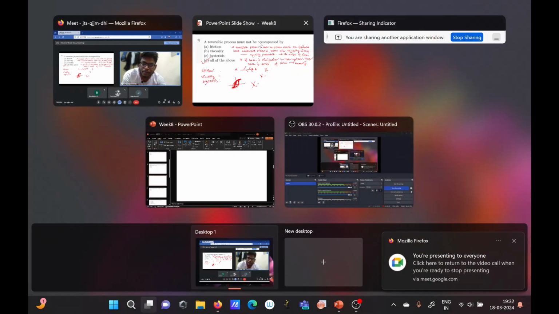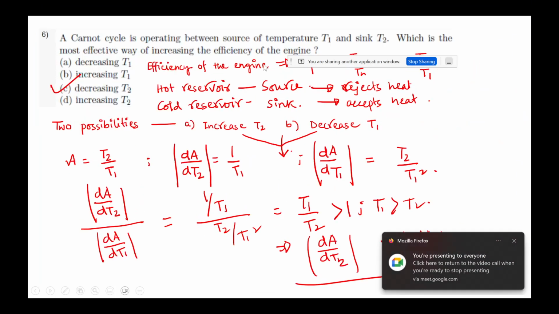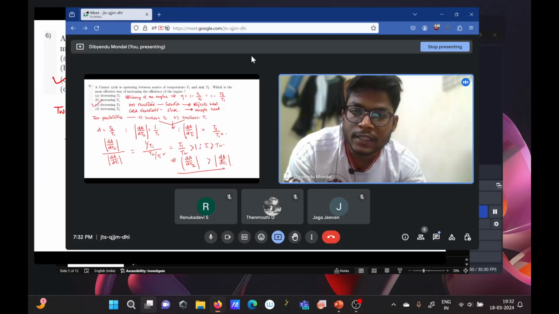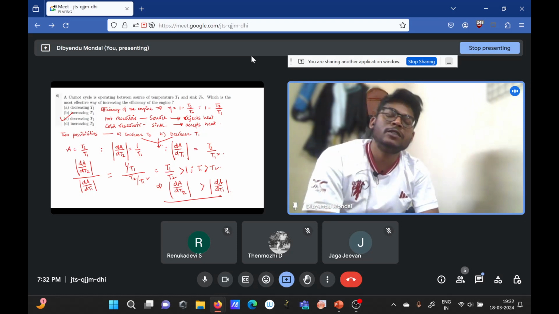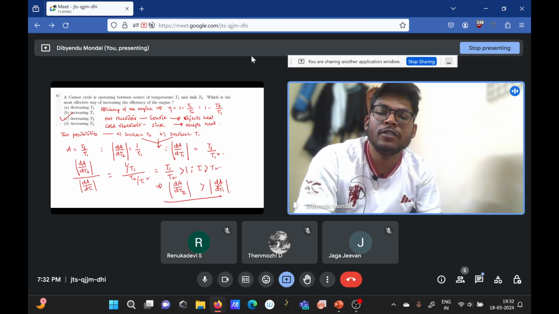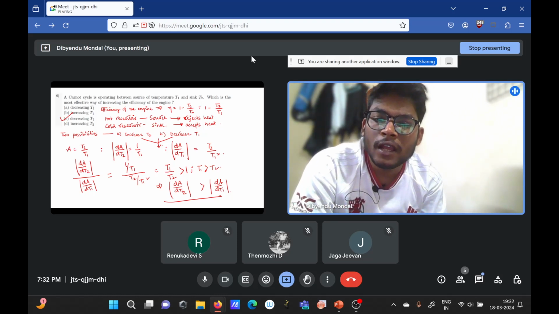Then we talked about how we can increase the Carnot efficiency. We first talked about how efficiency will be higher if the ratio T2 by T1 is small.